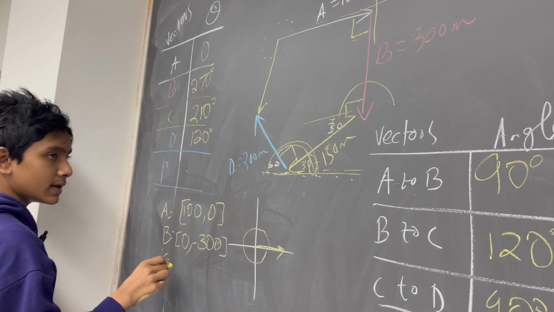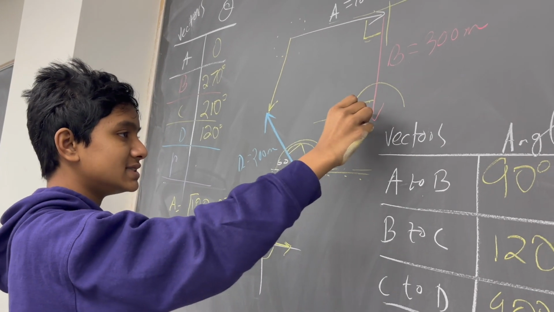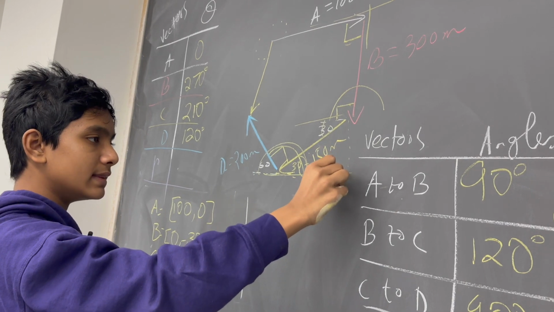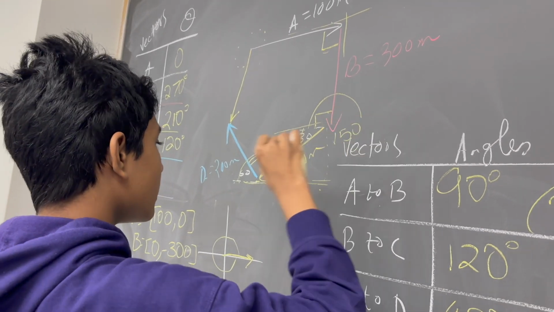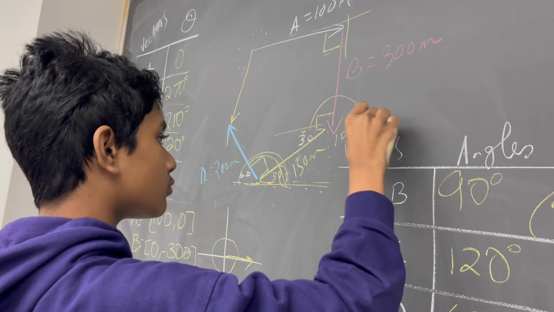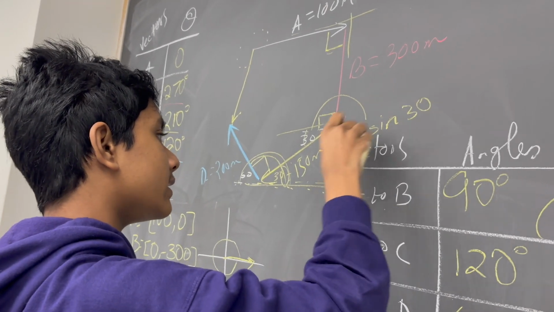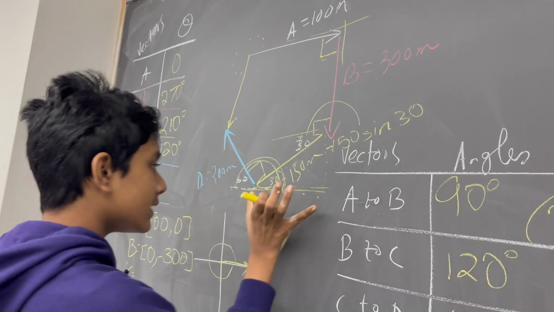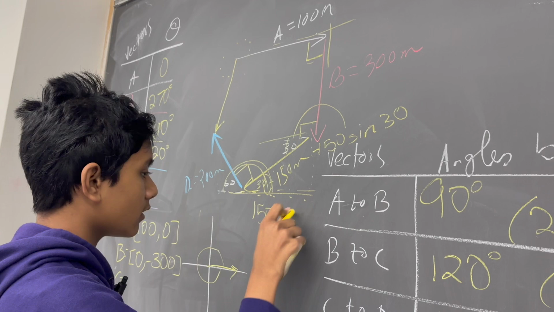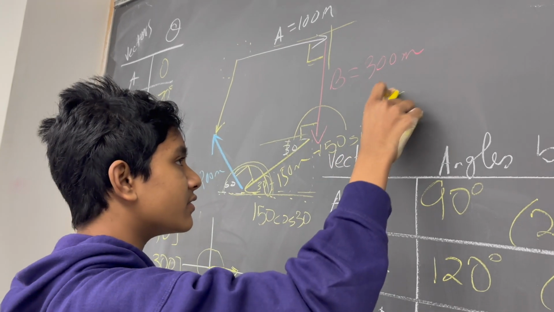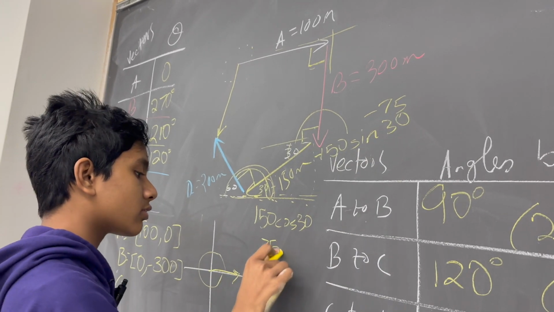C is 150, at what angle? 30. This is negative 150 sine 30, and this is 150 cosine 30, which is negative 75 and 75 root 3, respectively.